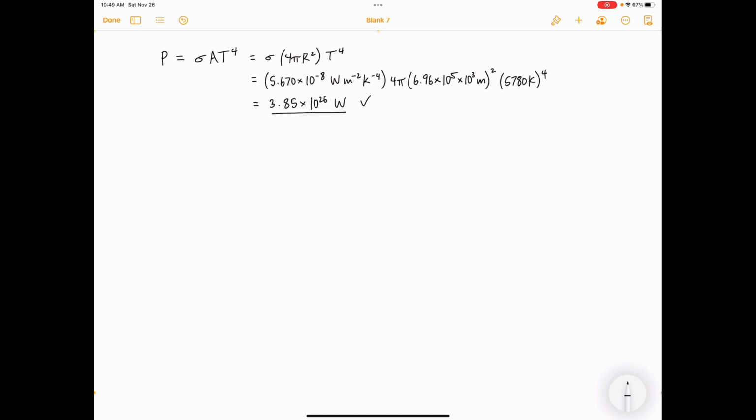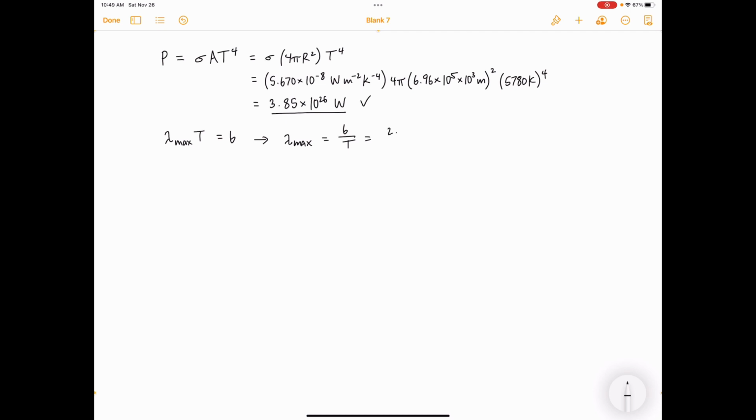Okay? So we also want to calculate the peak wavelength, that's lambda max. Wien's displacement law says lambda max times the temperature T is equal to this constant, which we're calling B. Of course, if I want lambda max, that's just going to be equal to B over T. So that's pretty simple.